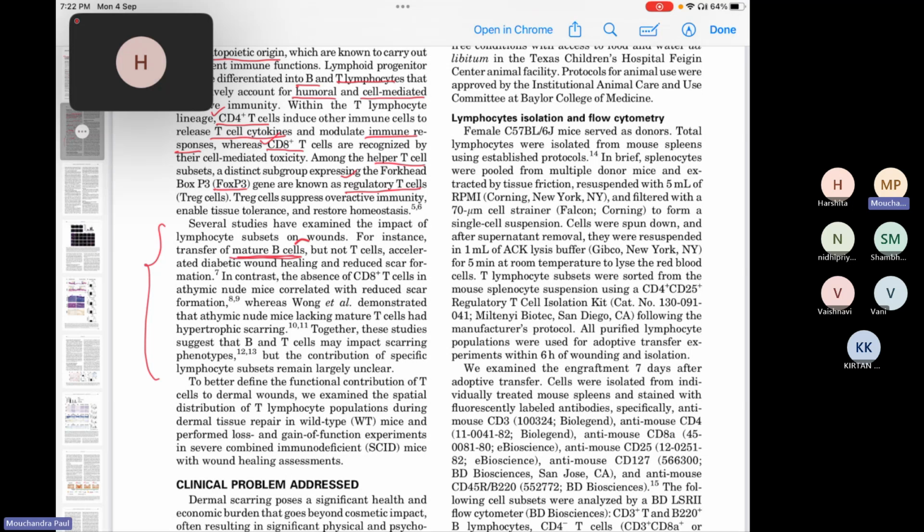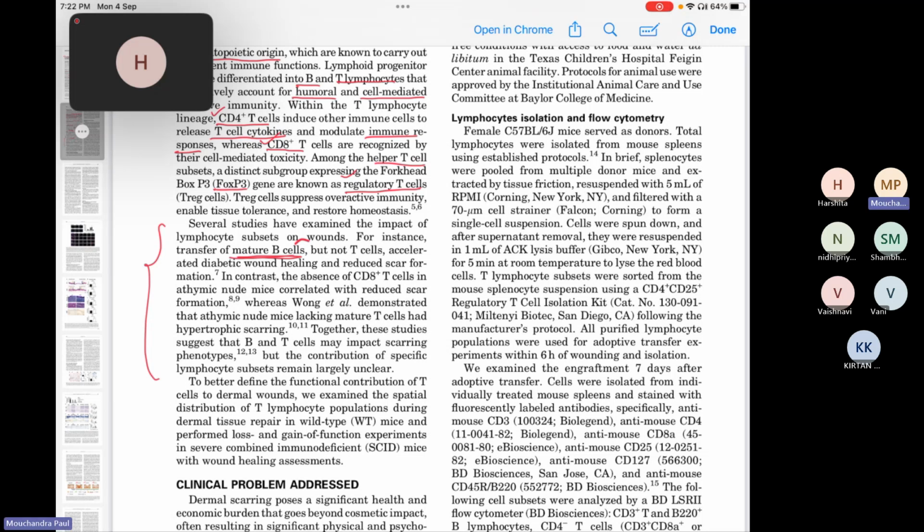You can also develop some special formulations containing only T cells, and then use that as medication and see whether it is reducing the scarring process.